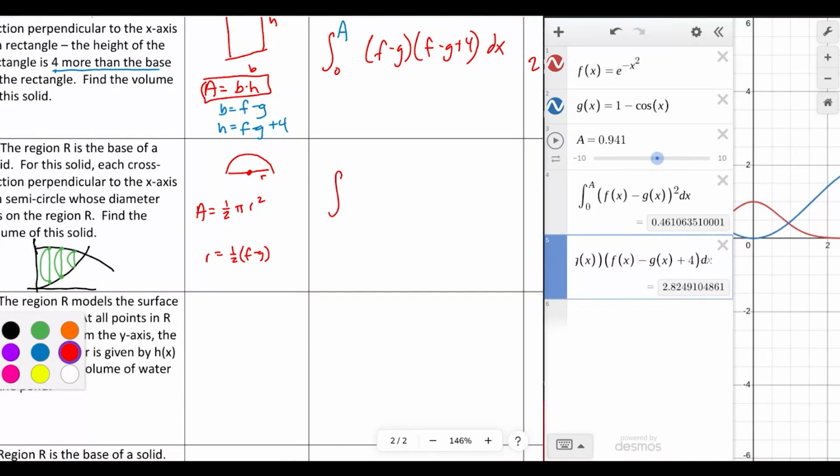Okay, so we have the integral from 0 to a. We're going to have 1/2 pi r squared. So 1/2 pi, where r is 1/2 times, maybe it'd be easier to write this as f minus g over 2.